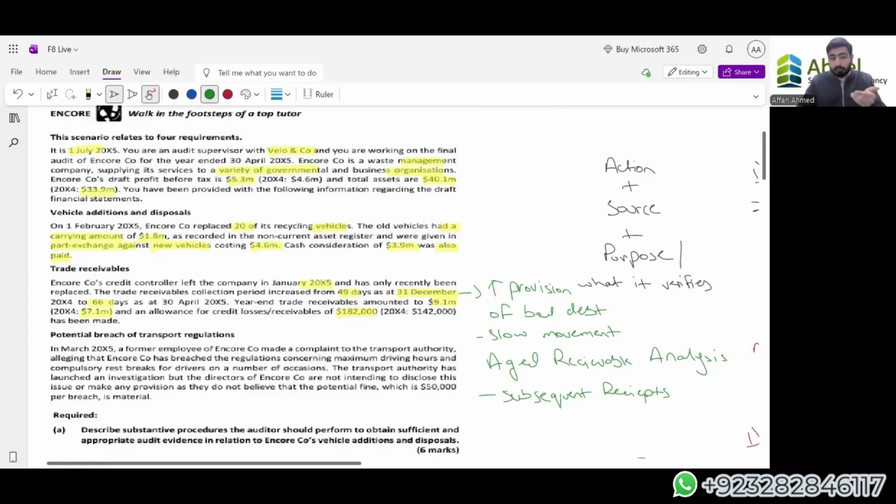So if you have recorded a provision for it, now it is wrong. If you have written off some amount, you have basically said that you will not get this amount back. You are wrong about it. So you have to remove those allowances or recover those amounts. You have to write those amounts back. So this gives us an indication of whether the accounts receivable are valued accurately or not.